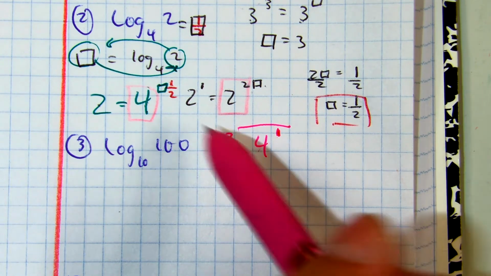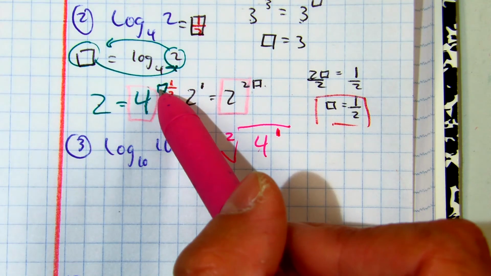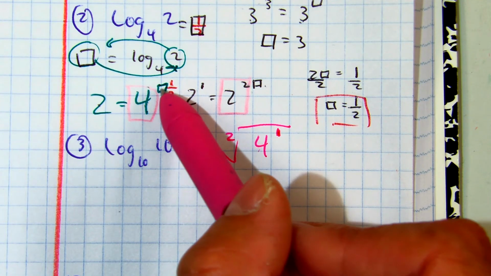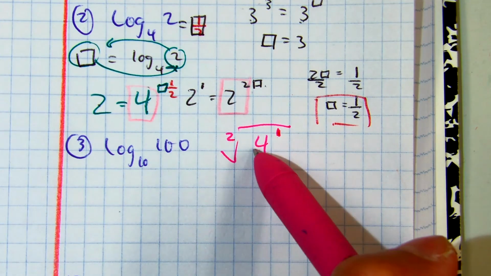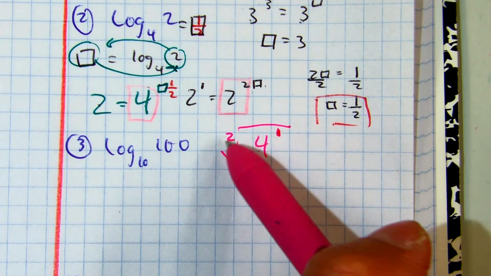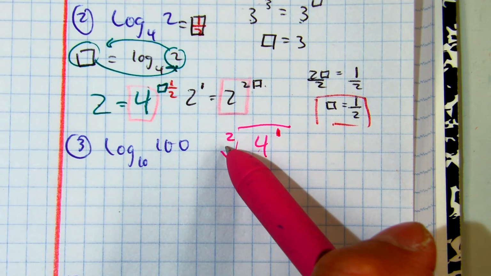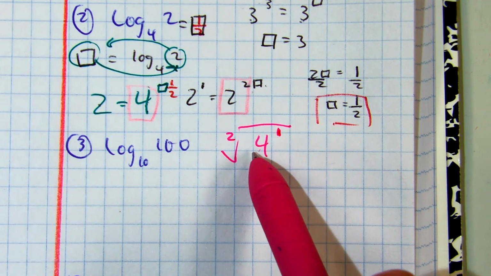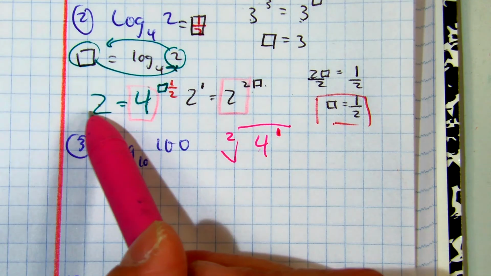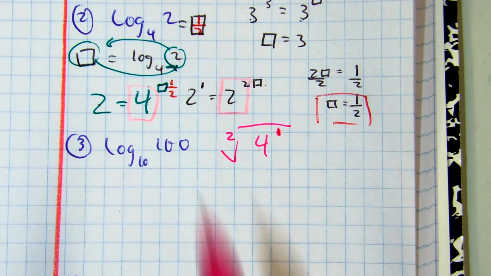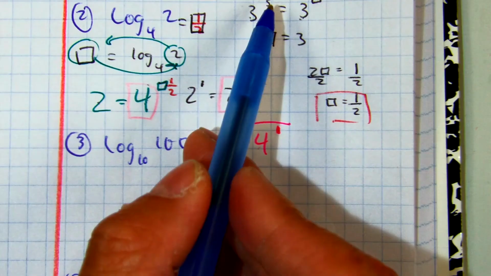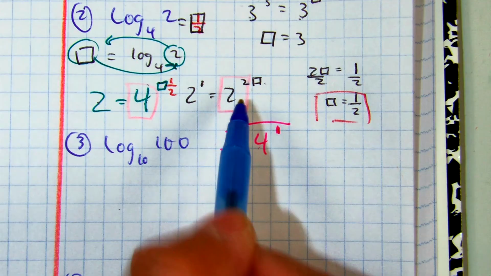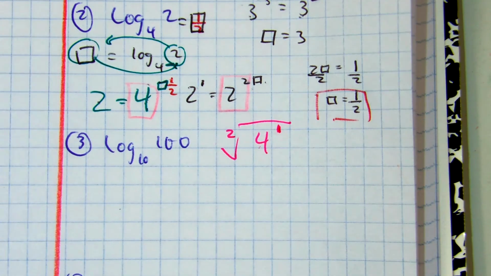So 4 to the 1/2 power is the same thing as 4 to the 1 power, and then you take the square root with the index 2. Class, what is the square root of 4? 2. Okay, so if this has been a far stretch for you, what's happening is there's a lot of math. There's exponents, that's the prior math, and also fractional exponents.